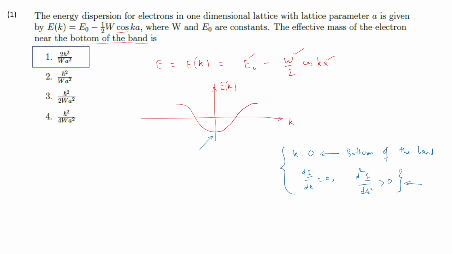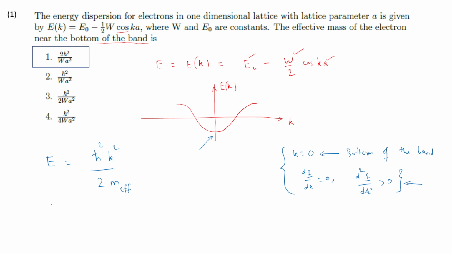Now we have to find the effective mass of the electron. Let me first give you the definition of the effective mass. The energy is given by E equals h bar square k square over 2m. This is the general dispersion relation of a particle. For effective mass, if it is in some other system, this m need not be the mass of the electron, so it will be the effective mass.